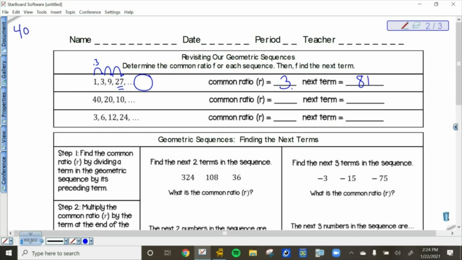So we divided by 2. What did I say that was the same as if we want to use multiplication? If I don't want to write this as a multiplication problem, what do I multiply by? Not 10.